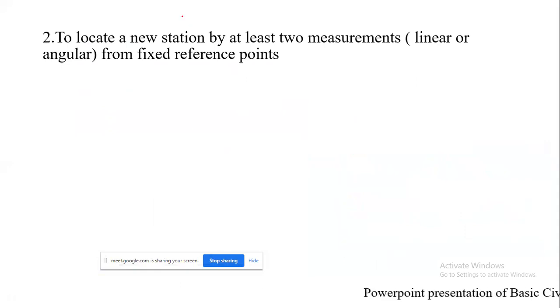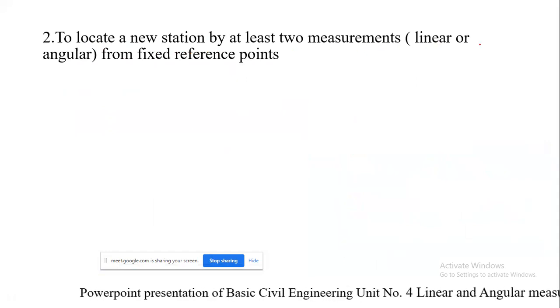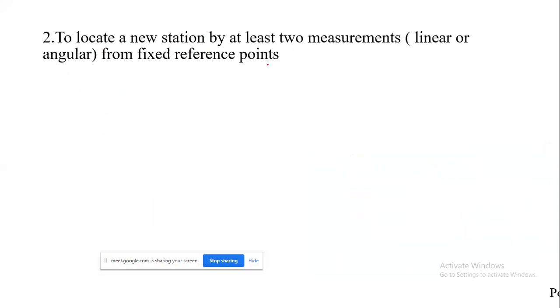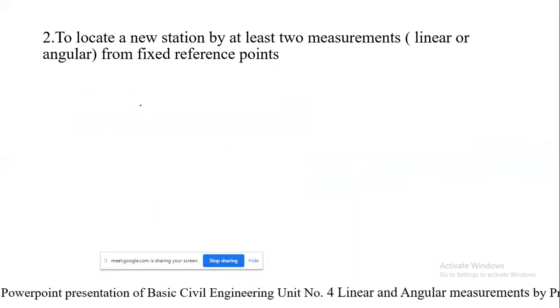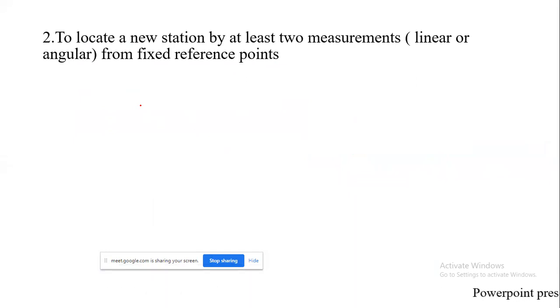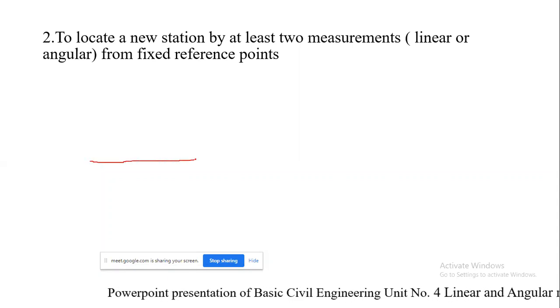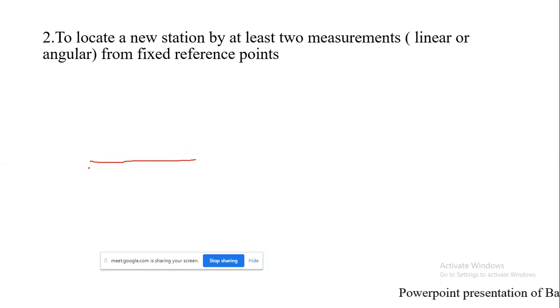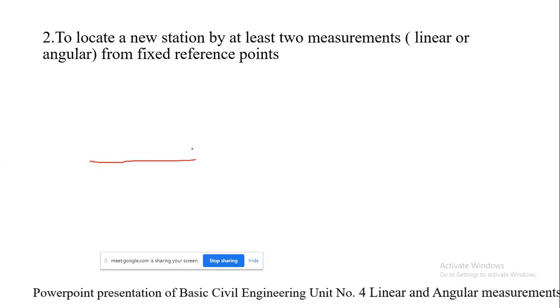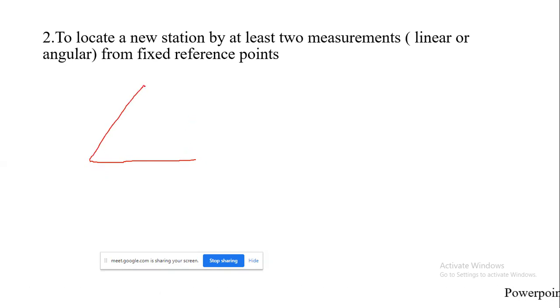Next one is to locate a new station by at least two measurements, that is linear or angular, from fixed reference points. Practically, in each and every case it is not possible to locate the third point directly. In the geometry subject of the 10th standard mathematics, you might have seen that if you know the linear distances from two points A and B, you can plot the third point.